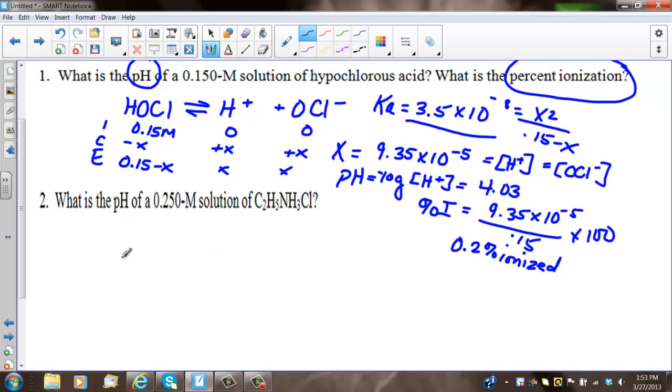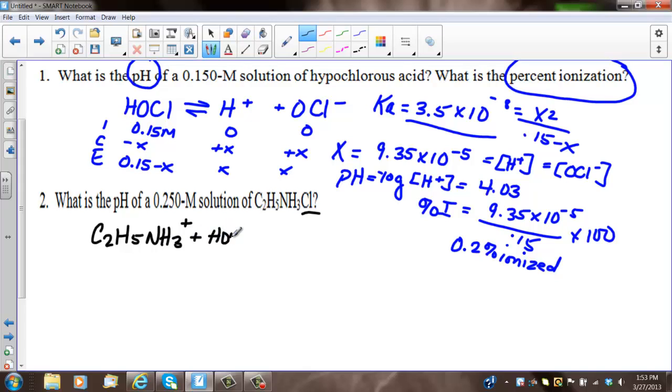What is the pH of a 0.25 molar C2H5NH3Cl solution? Well, what we have to realize here is that this is a basic solution, so you basically have C2H5NH3+, because we're not interested in the Cl-, and we're going to add that to water.